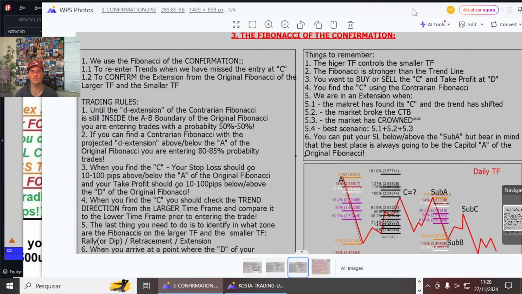We use the Fibonacci of the confirmation to re-enter trends when we have missed the C, and to confirm the extension from the original Fibonacci of the larger time frame. We're going to check NZD right now. Trading rules until the extension of the contrarian, so it's still the same rule, it's 50-50, 80 to 85. So the rules are the same, okay?